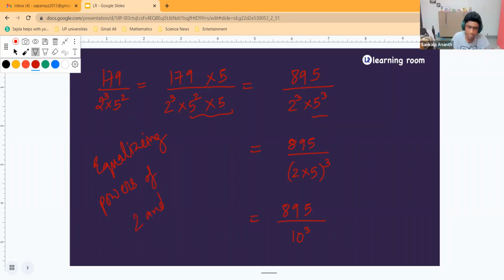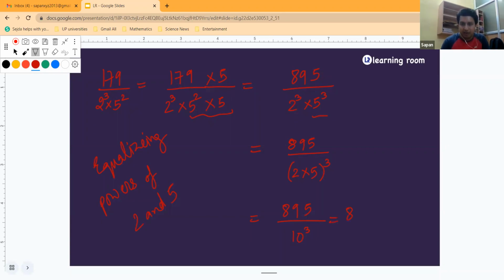Yes. 2 had power 3, 5 had power 2. I want to equalize it. Since 5 is short, I give it one more power by multiplying by 5. But I have to neutralize also, so I multiplied the numerator, which gave me 2 cube into 5 cube, which later became 10 cube.